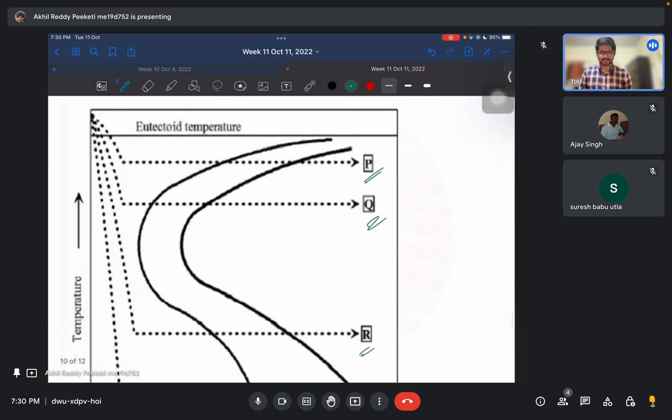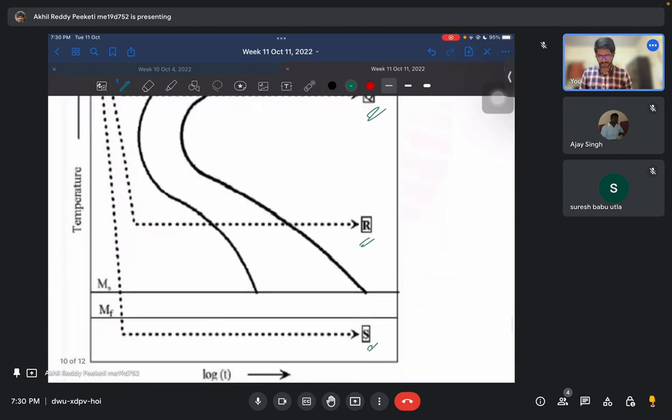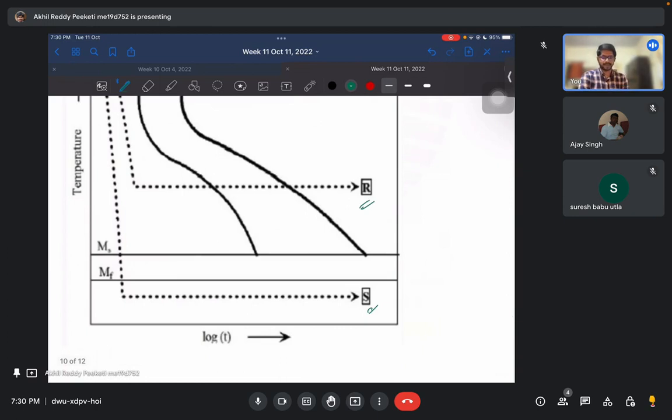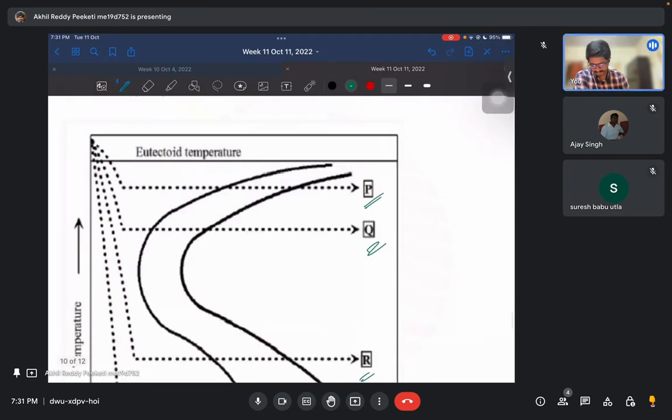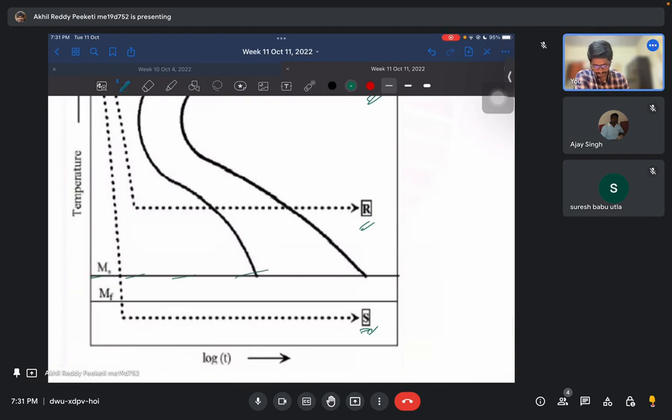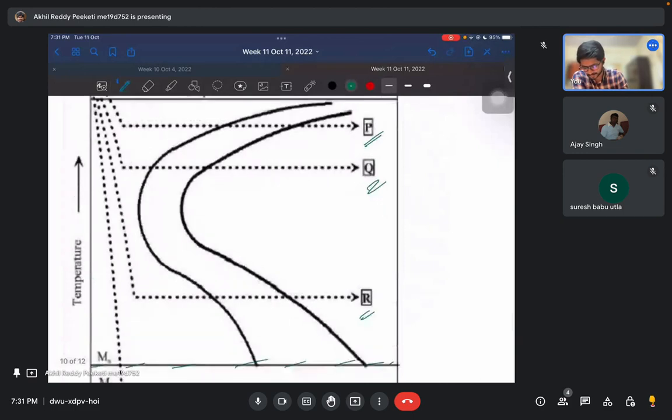Now we need to estimate the final microstructures in these paths P, Q, R, S. Does anyone have any idea what S would be? Actually, in this diagram, anything below this line, if you are coming directly from austenite, will turn to martensite.